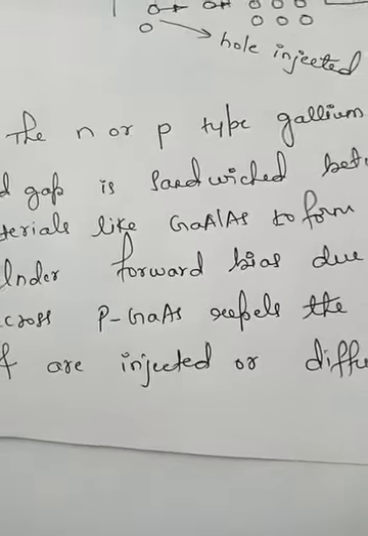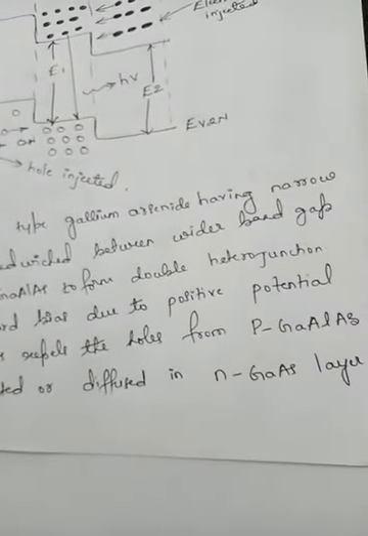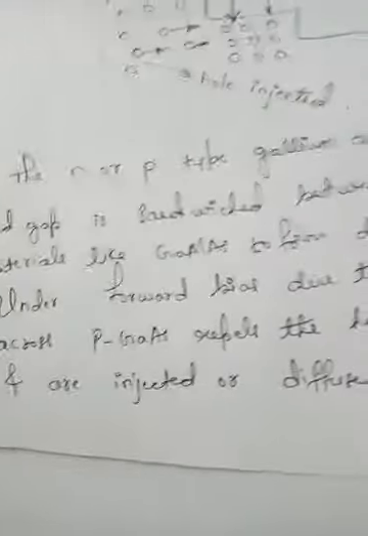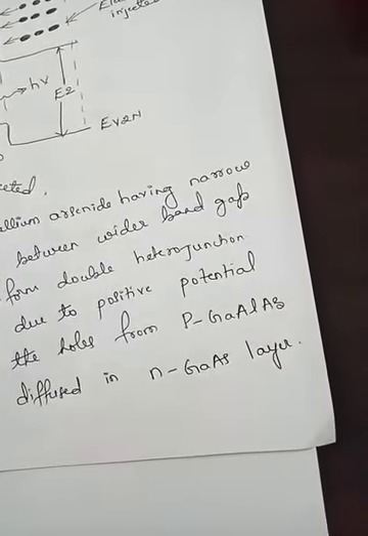Under forward bias, due to positive potential across P GaAlAs, it repels the holes from P GaAlAs and they are injected or diffused into the N GaAs layer.